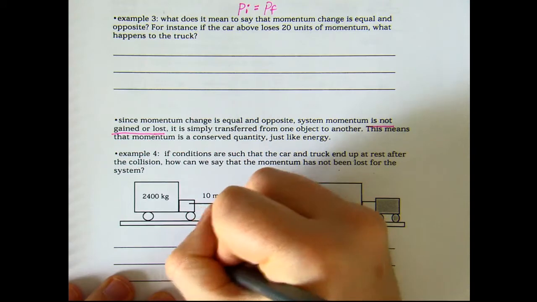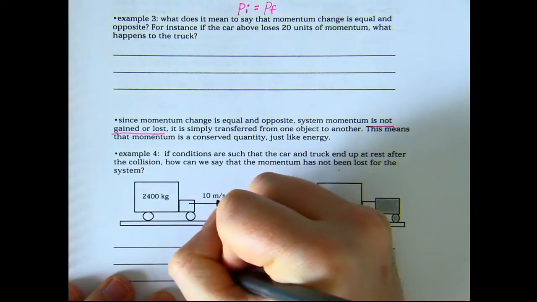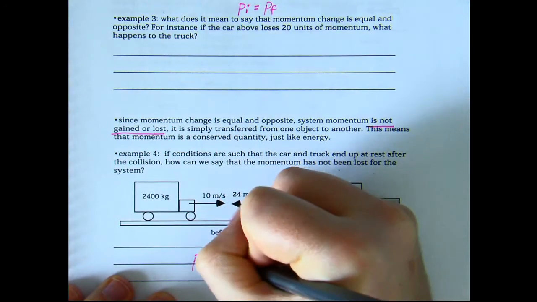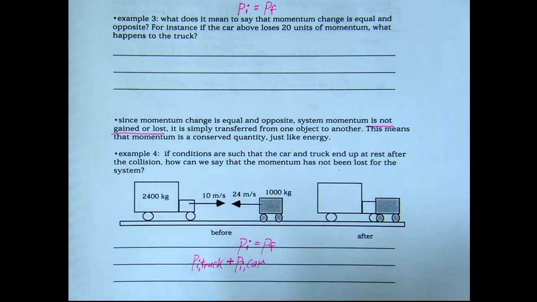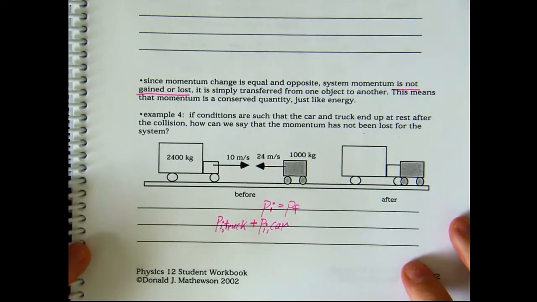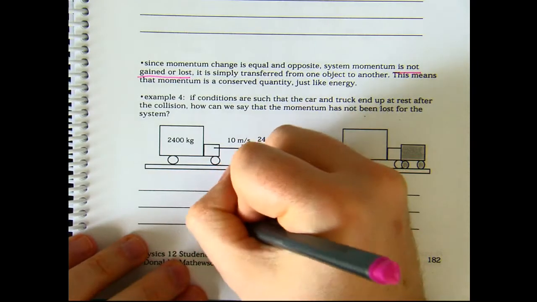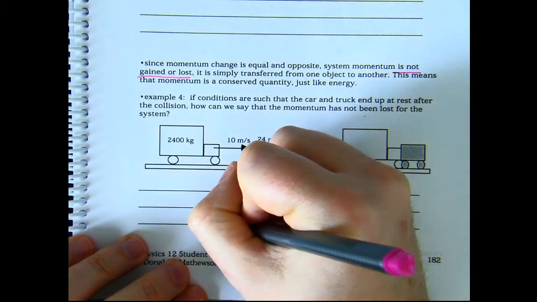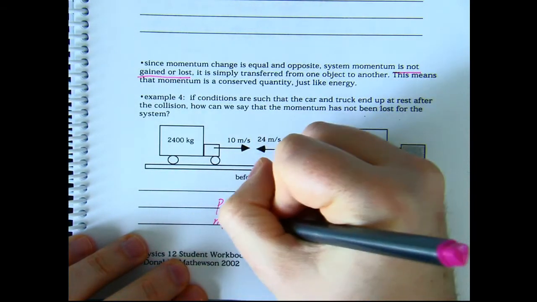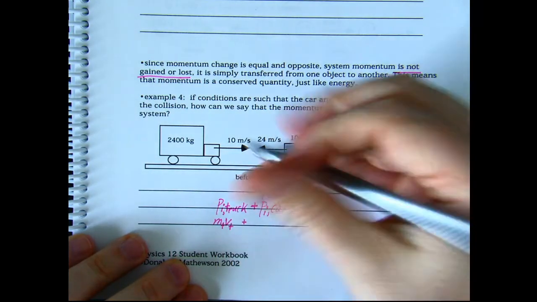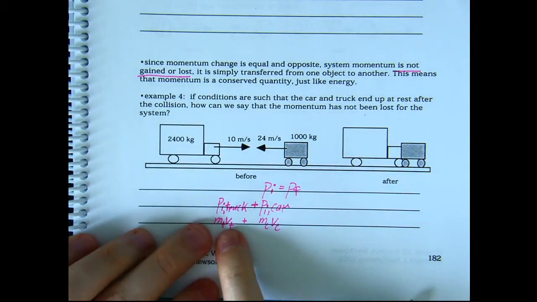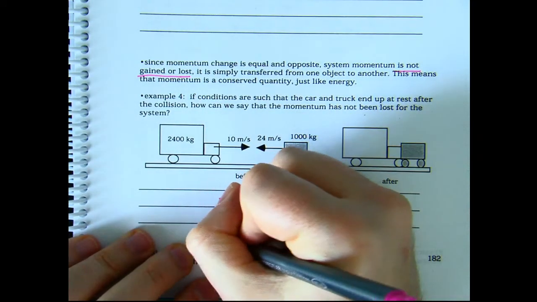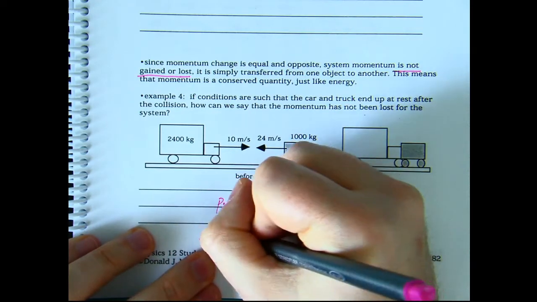So I'm going to have momentum initial of the truck, and I'm going to add to it momentum initial of the car. My initial momentum for the truck is going to be m_t v_t, and my momentum for the car is going to be m_c v_c, for car. So my momentum for the truck is going to be 2400 times my velocity, which was 10.